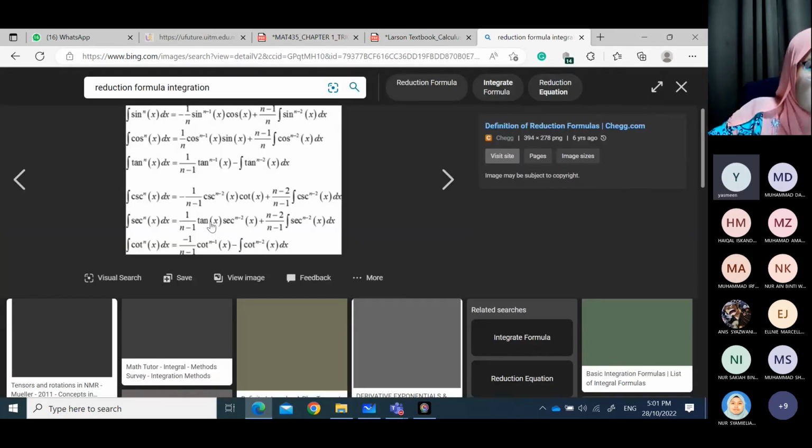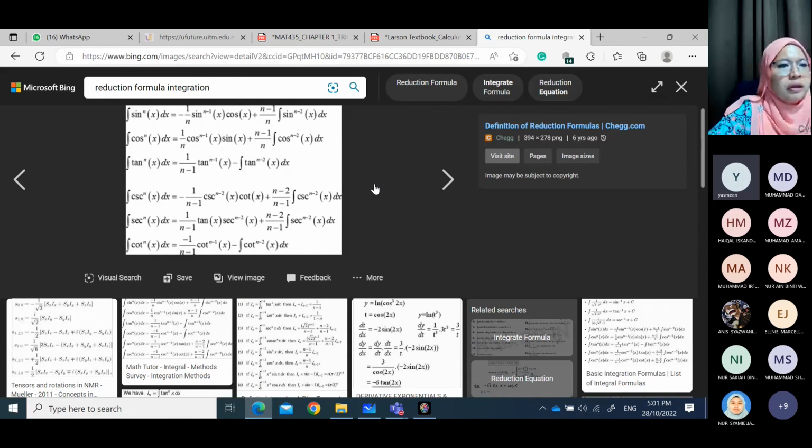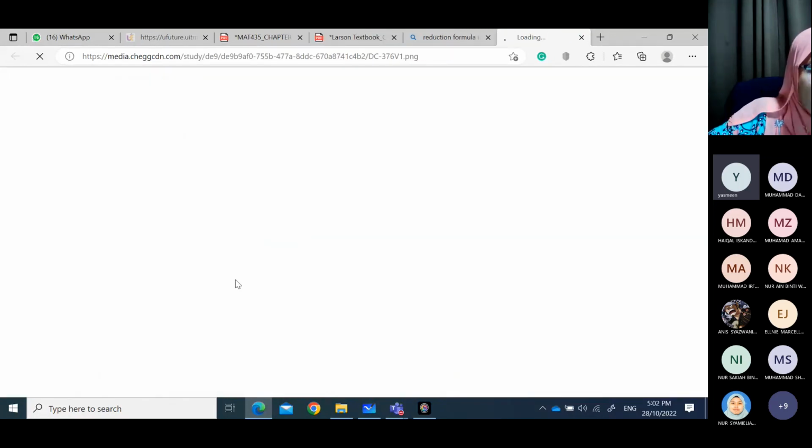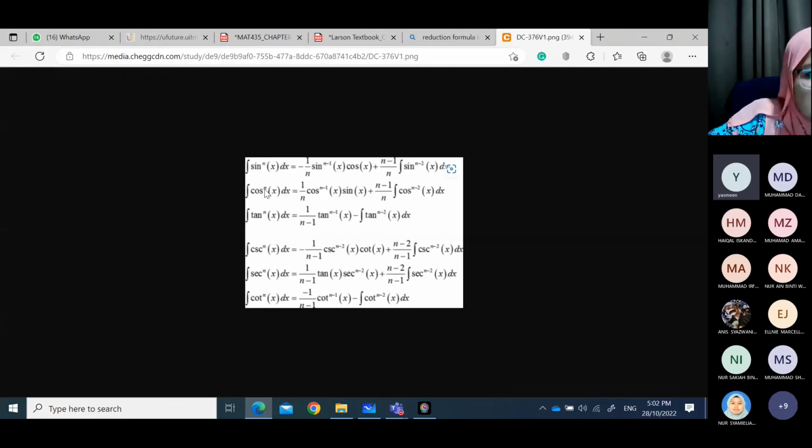Yeah, this is reduction formula. Tadi ada cosine kuasa 3 kan? So kita ambil yang second ni. So n ni adalah power of cosine. Tadi kalau cosine kuasa 3, maksudnya n itu adalah 3. So untuk reduction formula ni, you masukkan dalam formula dia.